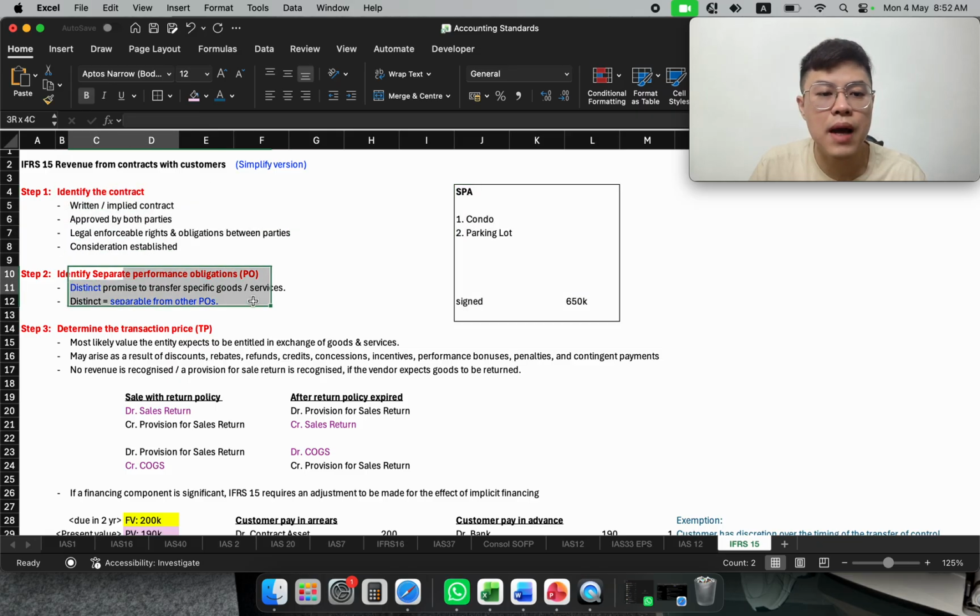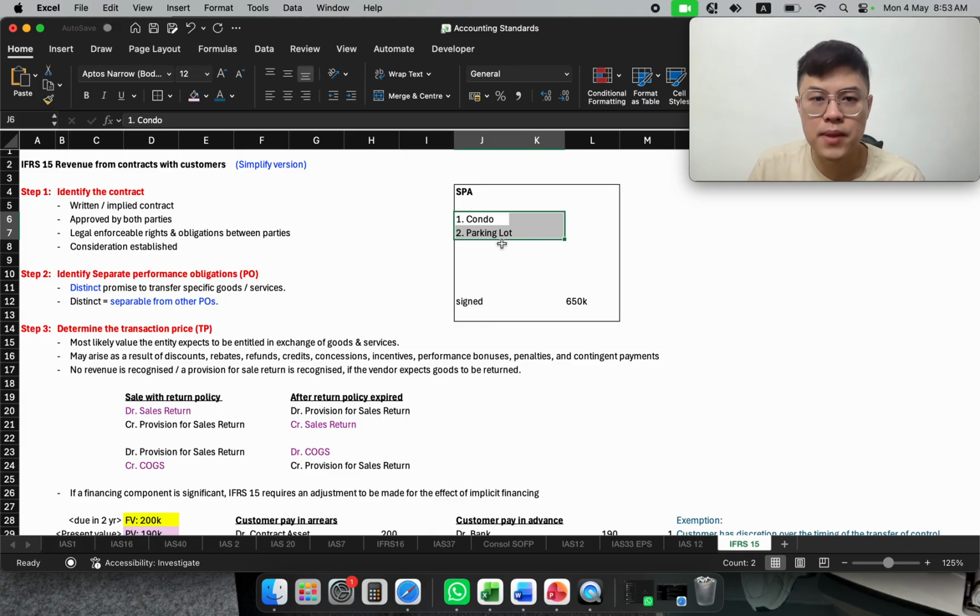However, when it comes to identifying performance obligations, what is this? The performance obligations are these two, because we are promised that we can get a condominium and we can get a parking lot. So there will be 2 performance obligations, or in layman's terms, 2 promises, and they are distinct. They are separate from each other.